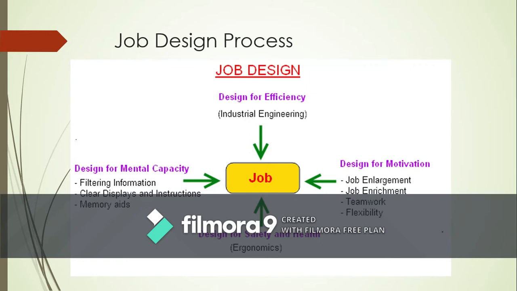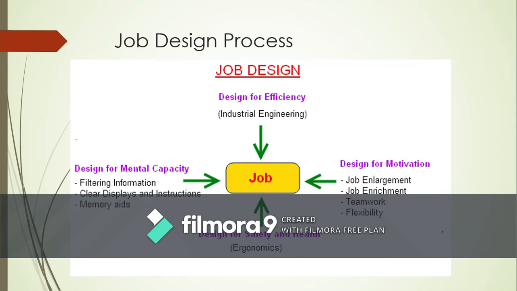Okay, next one is design for mental capacity. Once a job is designed, the employee or the worker or the job holder will come to know about the instructions, various symbols. In the last unit we have learned various symbols used for display of information that is very much required, and memory aids, which will improve the mental capacity to perform the job.